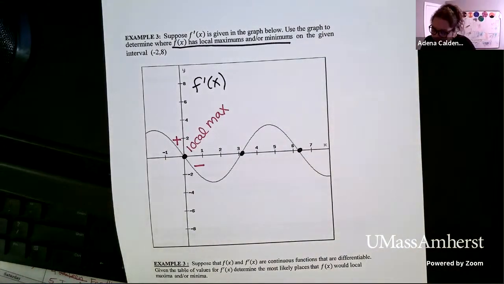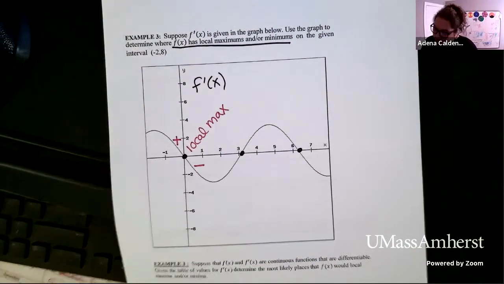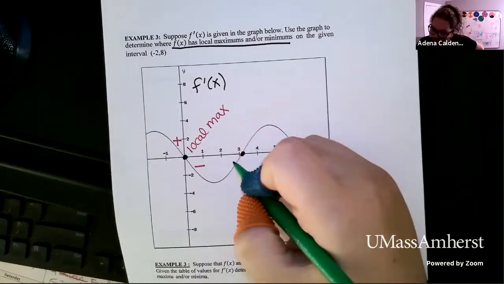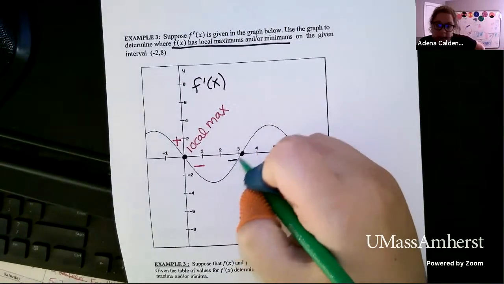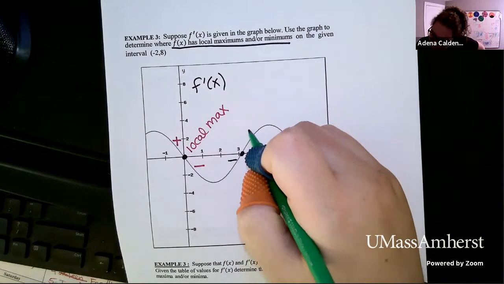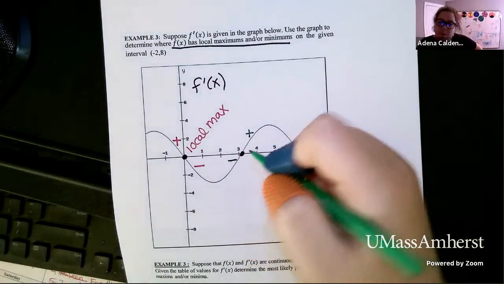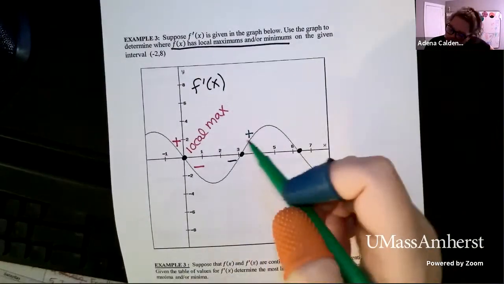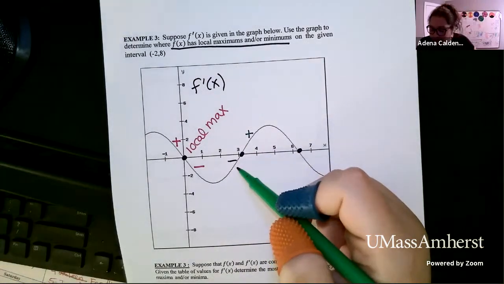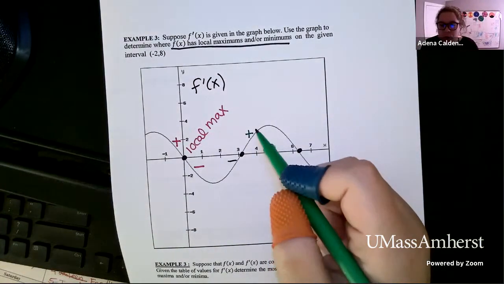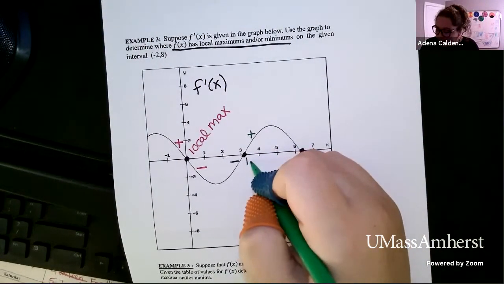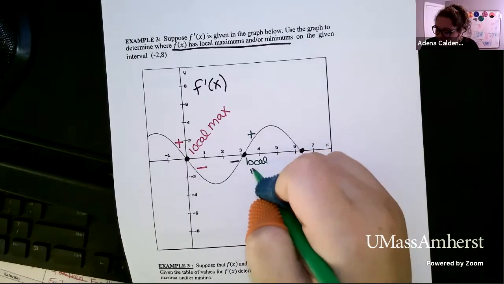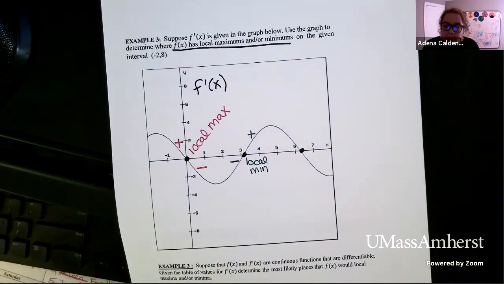Okay, similarly, looking at our second critical point here, a little bit past 3, to the left, I'm negative because I'm below, and to the right, I'm positive because I'm above. If around my critical point, my derivative goes from negative to positive, that makes my critical point a local minimum.